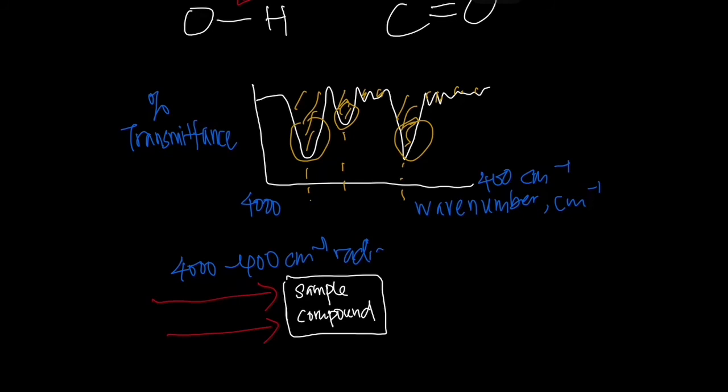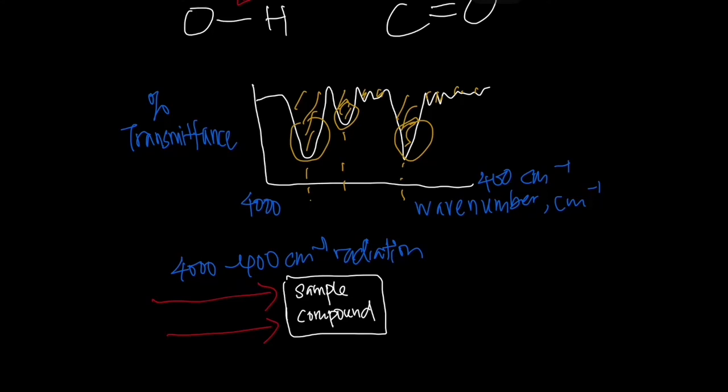IR radiation with this range of wave number will pass through the sample, and the compound has different bonding. The bonds are vibrating at different frequencies, so they absorb radiation of different frequencies.